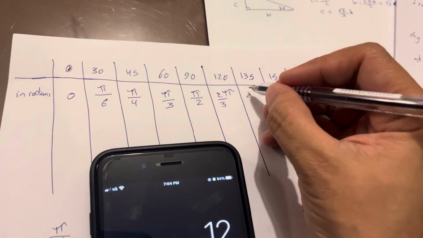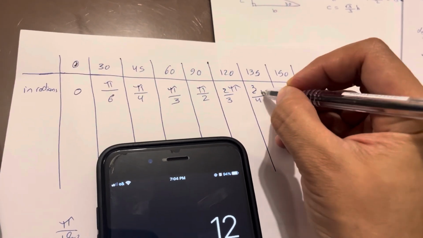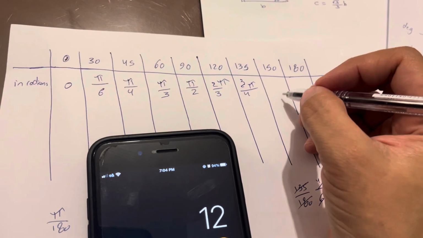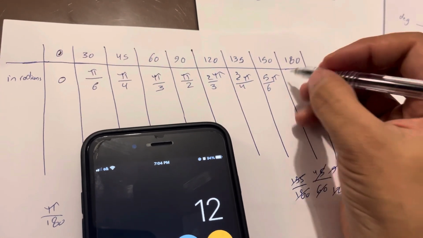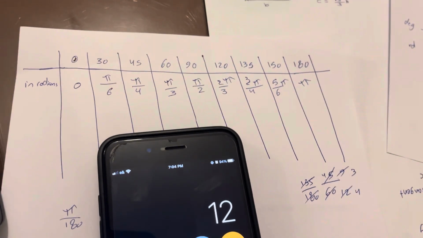So 3 over 4 π. 150 over 180, you will calculate, it will be 5 over 6 π. 180 over 180, of course, is 1, so this is π.